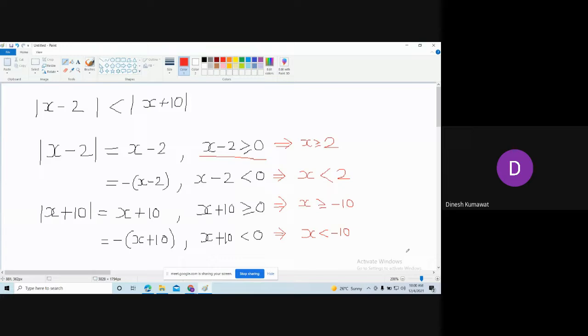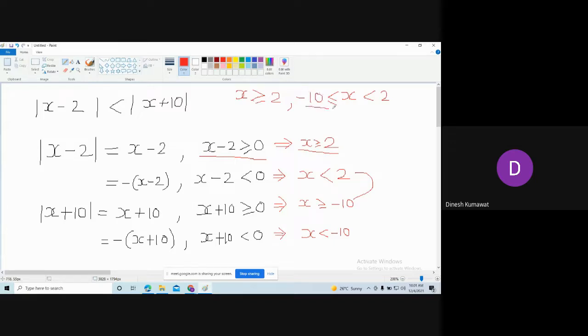Now in that lecture, I wrote three conditions at the initial step. This is the logic behind where I got those three conditions. The first condition is x is bigger than or equal to 2. Now observe, in the second condition I have x is strictly less than 2, but if I combine this second and third condition, then I have x is bigger than or equal to minus 10.